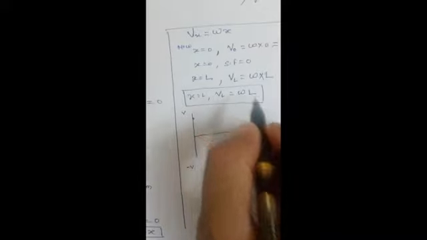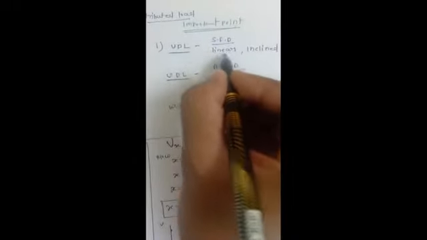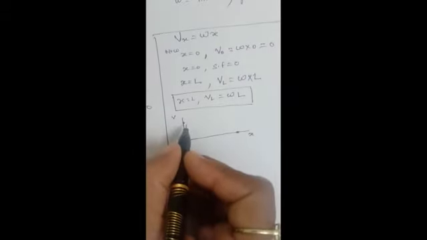As we have discussed, in the case of UDL the shear force diagram will be a linear or inclined line.